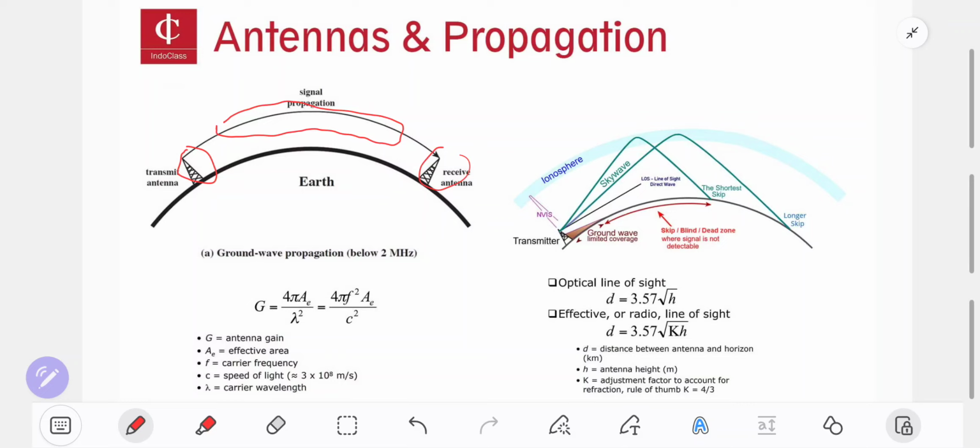Propagation of electromagnetic wave involves free space propagation, and you can see on this picture ground wave propagation and sky wave propagation. And the last one, for example, line of sight.